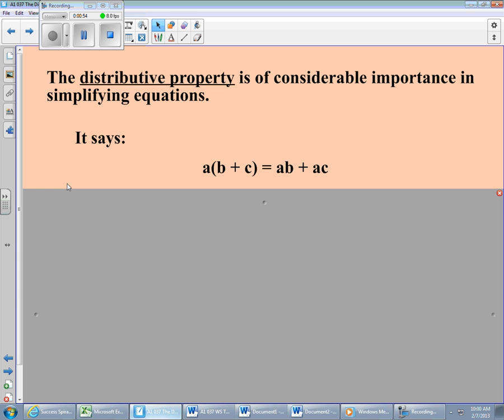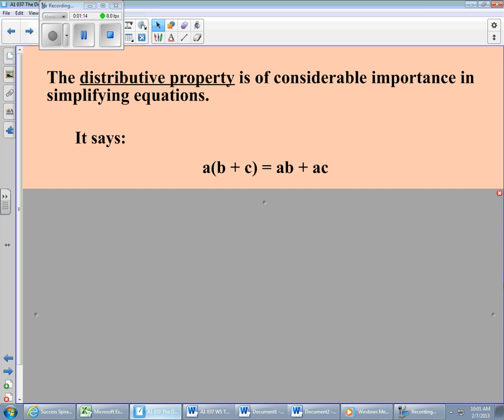Now, the distributive property in its most simple form looks like this. You have A times (B plus C), which is simply to say that we have something that is multiplying times a set of parentheses. In plain English, that's what it says.